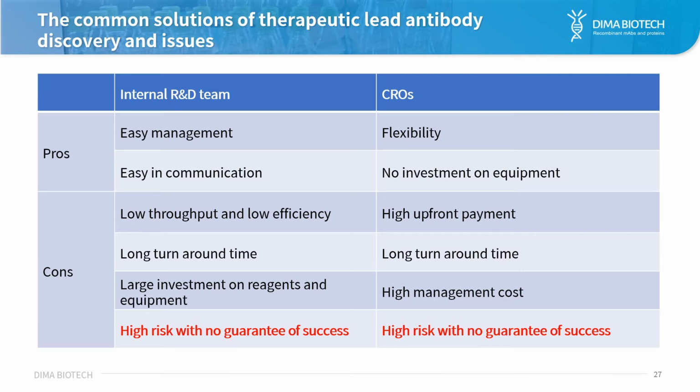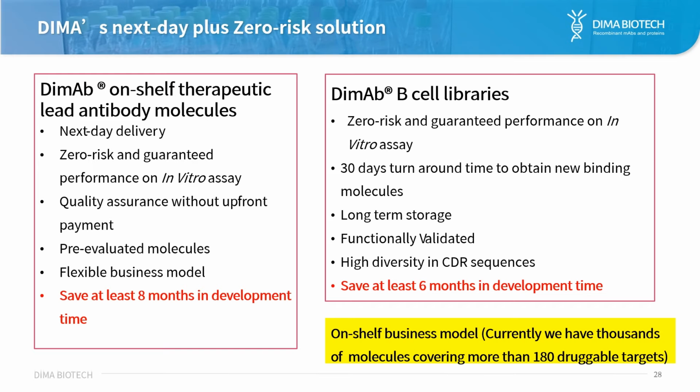So to help speed up this process and push more pipelines to the clinical trials, we provide a next day plus 0 risk solutions for lead antibody discovery. Different from the CRO companies, we are a biotech company. We provide on-shelf antibody molecules for next day delivery.